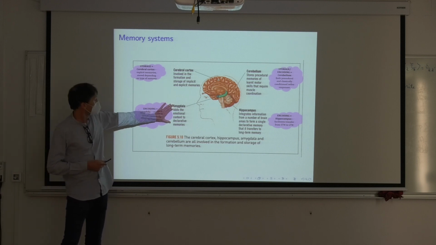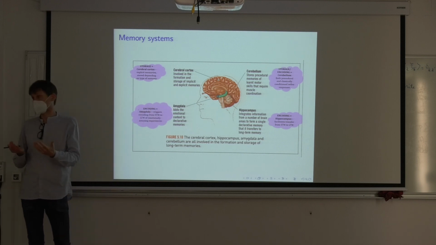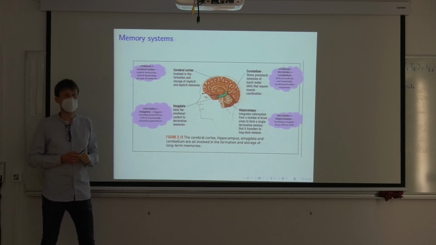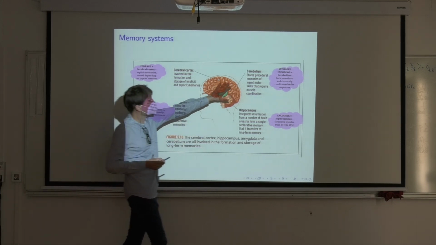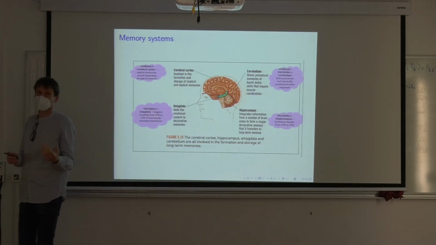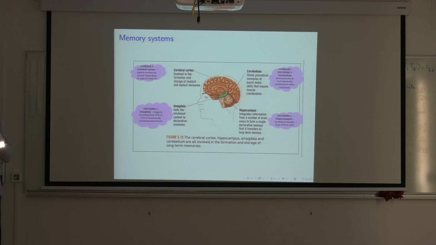The amygdala is important for the emotional content of memories, as I've already said, but I won't be really telling you anything about that. And finally, the cerebellum is important for procedural memory. Procedural memory is things like motor skills, but we now know that it's more generally involved in storing cognitive skills also.